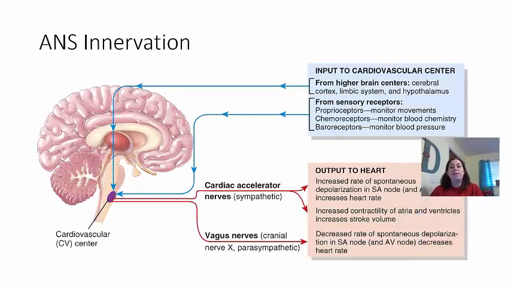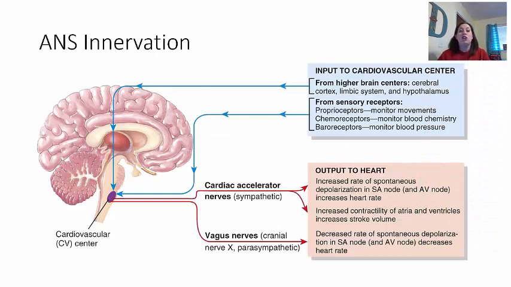Now, one thing we did see here is that the nervous system does affect the heart rate, and this is the autonomic nervous system, located in the medulla. If you look here, it's showing you the medulla, which is the cardiovascular center, a vital center that is part of the brain stem. It gets input from higher brain regions like your cerebral cortex, your limbic system, and your hypothalamus.